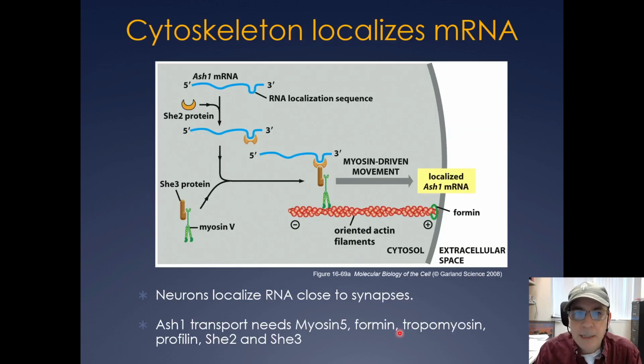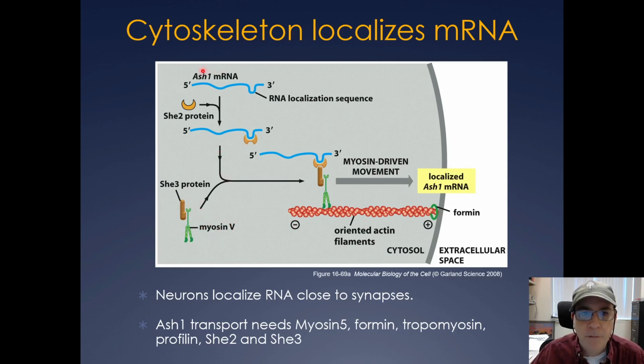And here's basically how that works. You have your actin filament oriented so the plus end is near the edge of the cell. You've got formin, which is involved in the polymerization of the actin at the plus end. Then you have myosin 5 here, which is associated with the She3 protein.